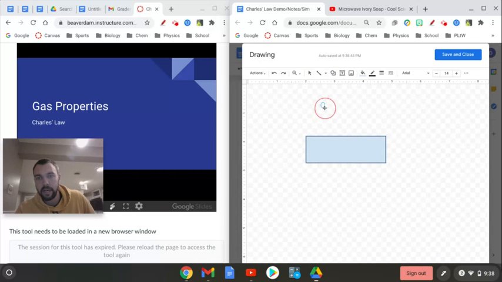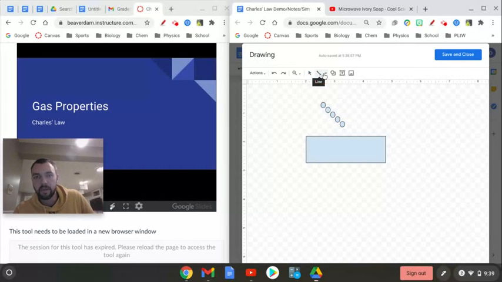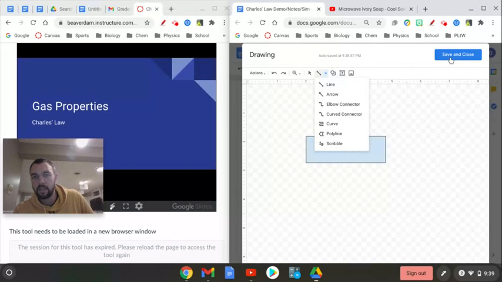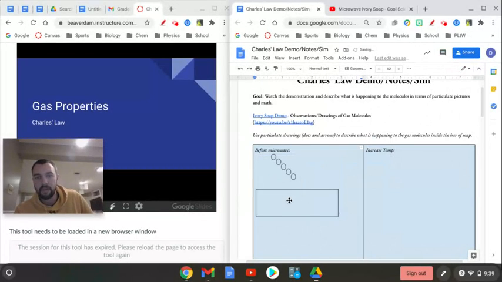I'm going to make a little dot. Okay, and then I can Control C, which is copy, and then Control V, V, V, V, and make a bunch of dots. I can make them black, and then I can add arrows. You don't even have to really put the arrow on it if you just want to do lines, or here's arrows. There's a bunch of different ways you can do it. All right, so you can do that if you'd like to.